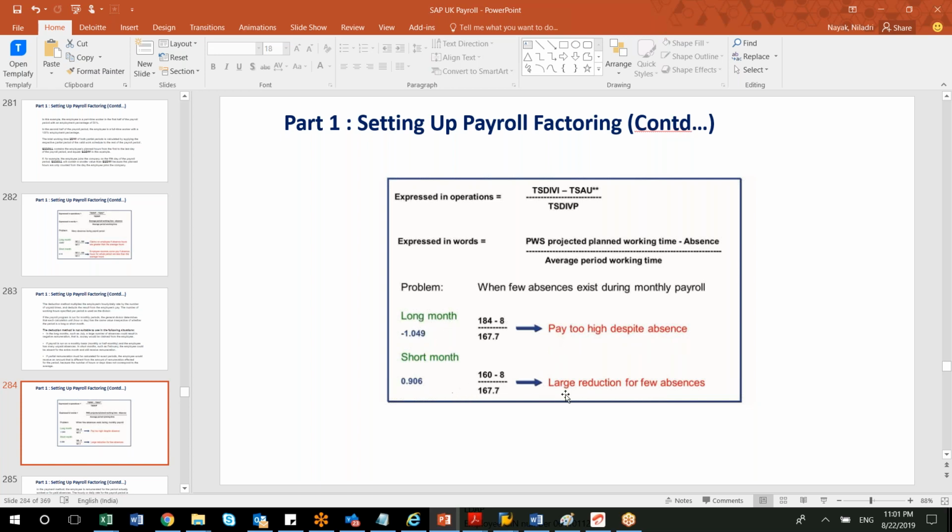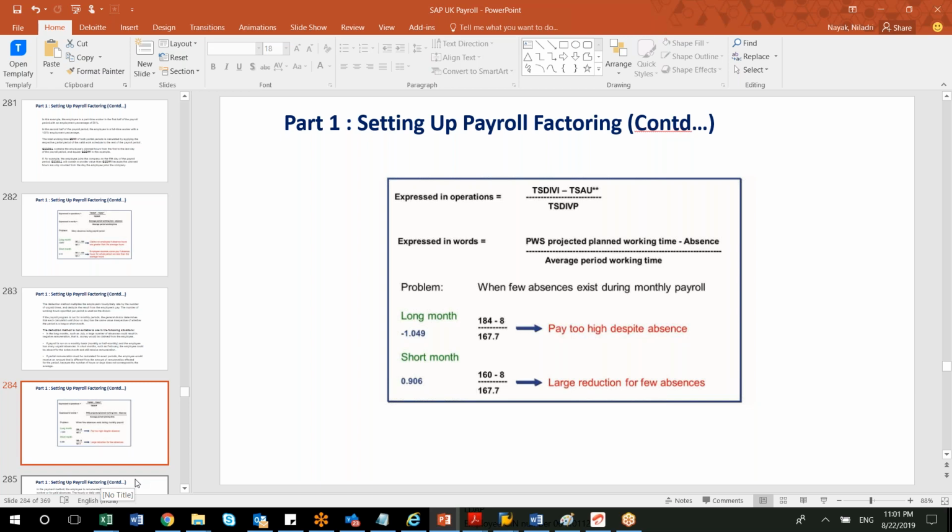If it is a short month, even for a reduction of 1 day of absence, there will be a large reduction, because it depends on how you calculate this period factor. It is a bit tricky. We will see this with an example, and I understand you will be able to go ahead a little bit.